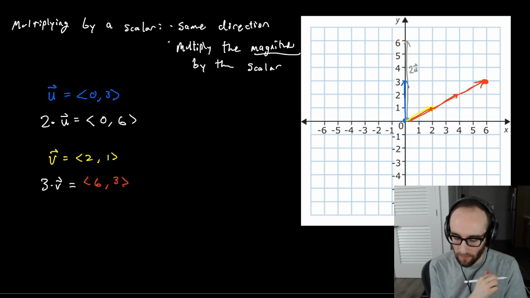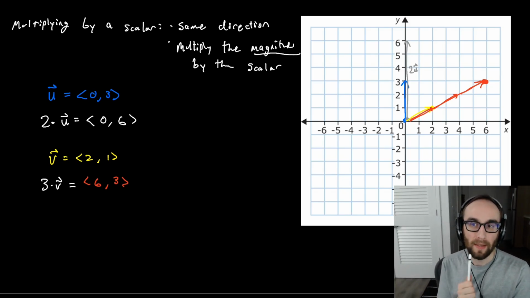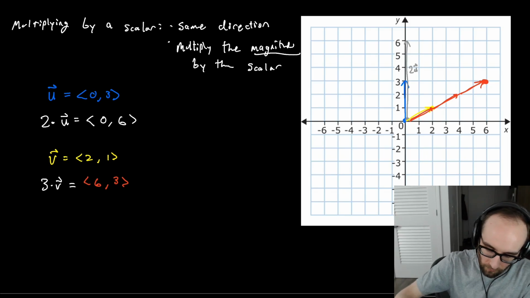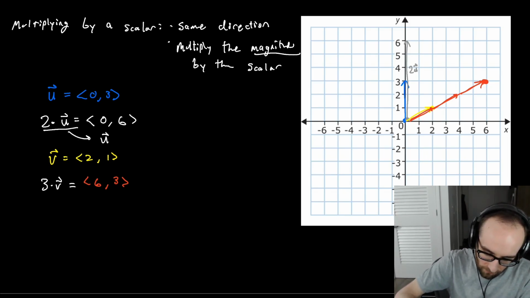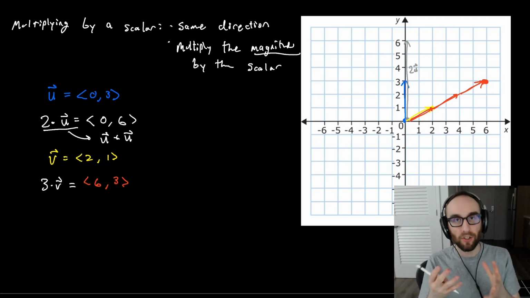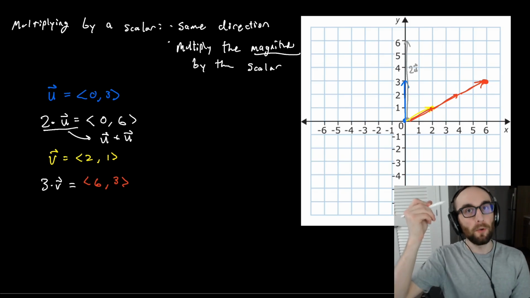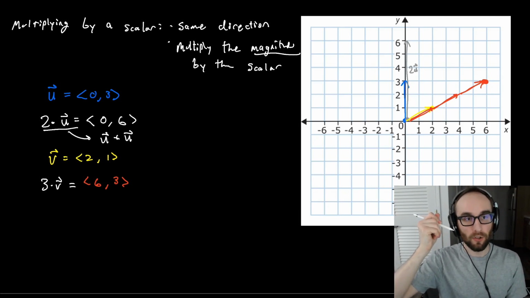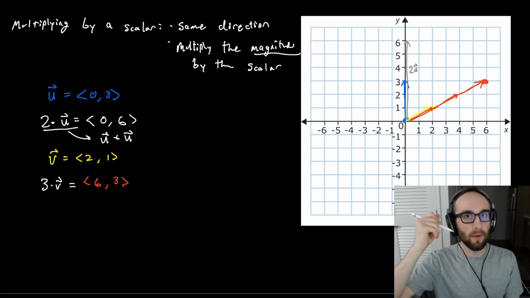So as you can see, we're traveling in the same direction, but multiplying the magnitude by the scalar, which makes sense because 2u is the same thing as u plus u, which means we're going to be staying in the same direction. When we travel up u, we add another u, which means we're going in the same direction and we're traveling by a distance of u.